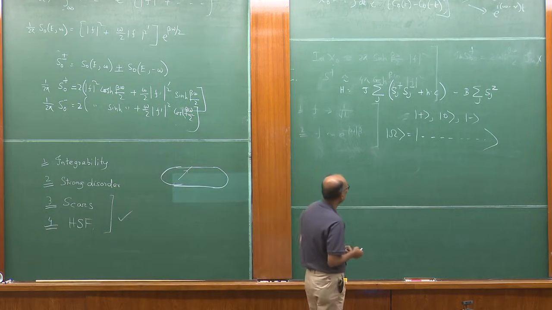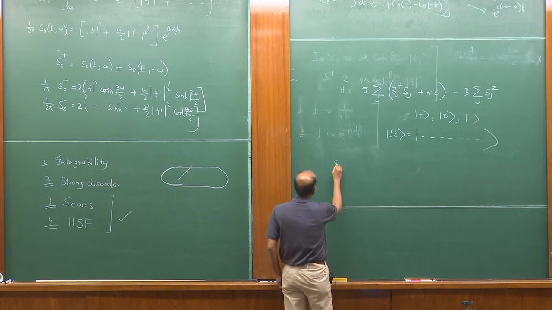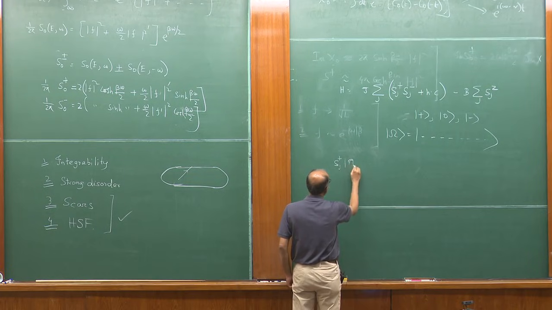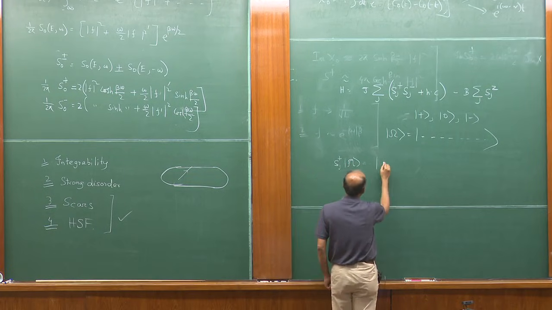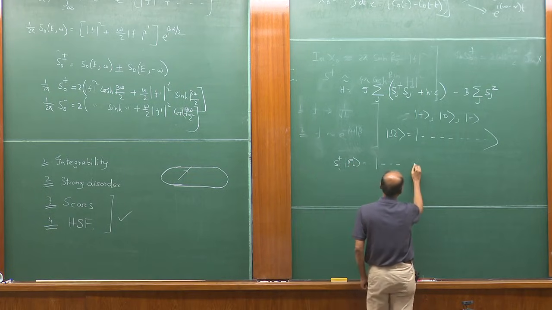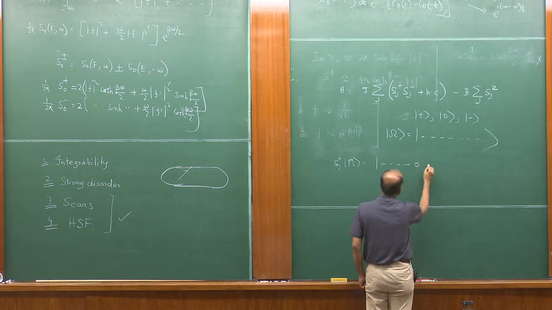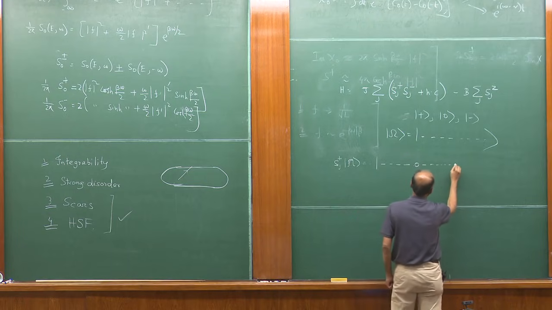For example, if I create a state by S_j plus acting on this ground state, that's going to give me a state minus, minus, etc., then a 0, and then all minus again.